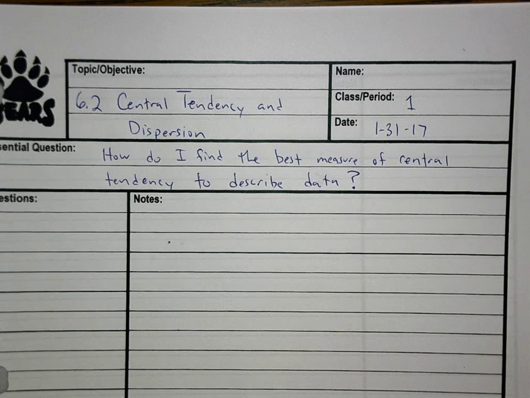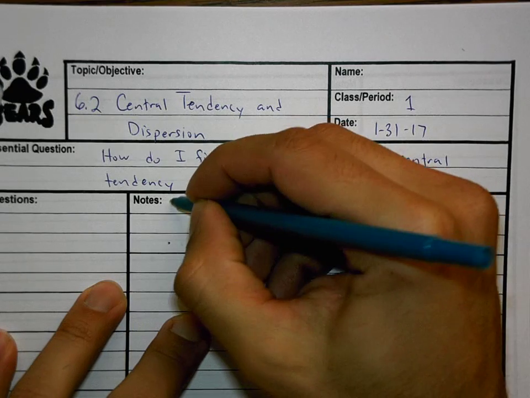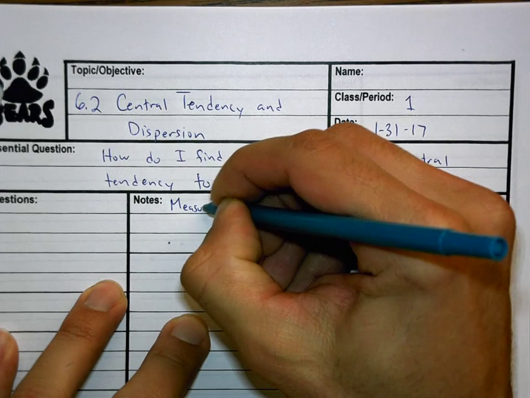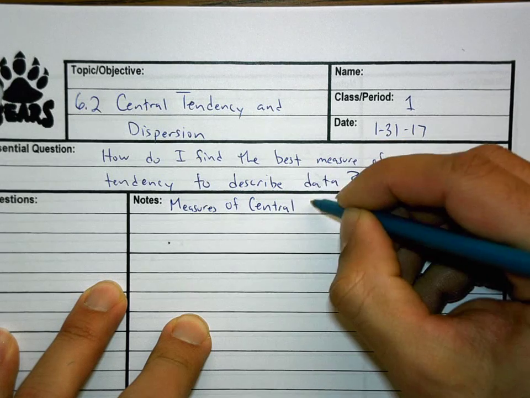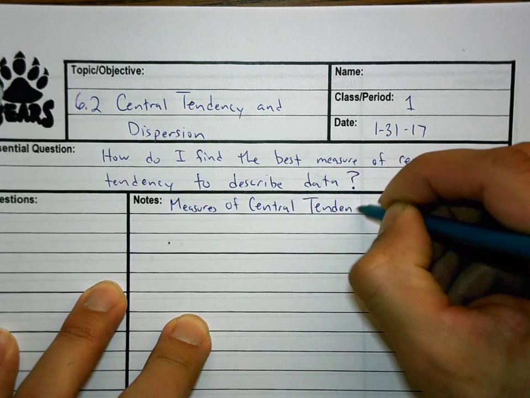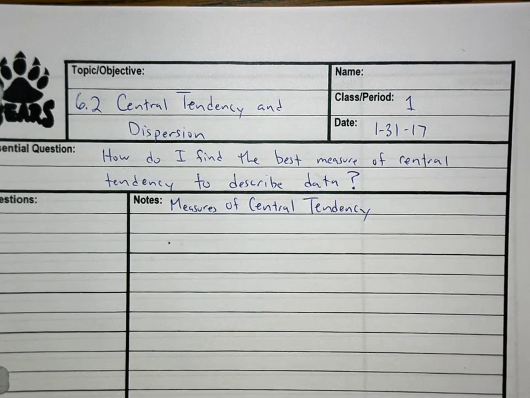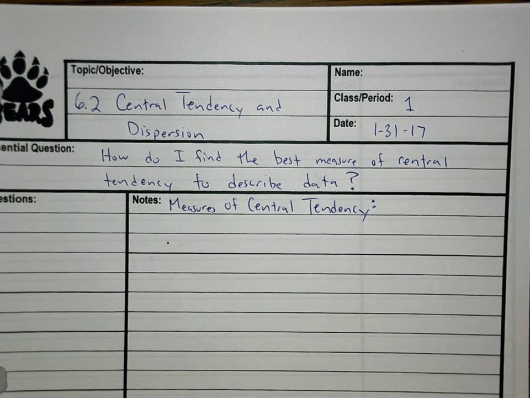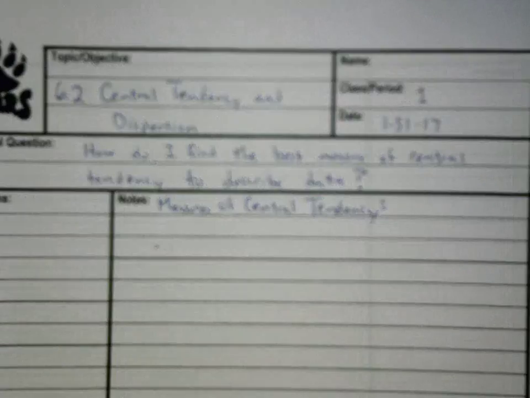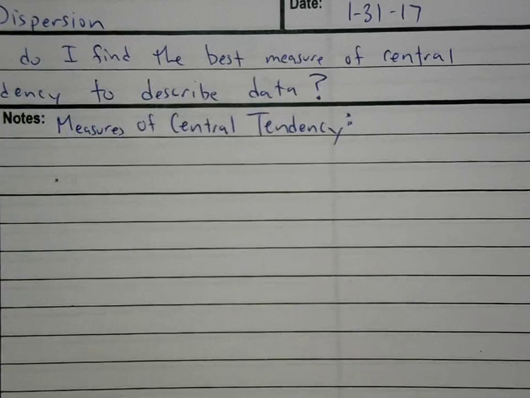But let's write down measures of central tendency. This is what we're going to start with. Measures of central tendency.